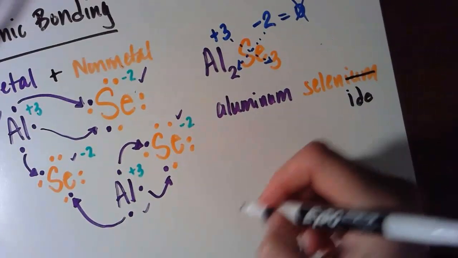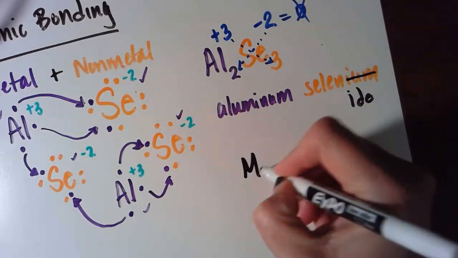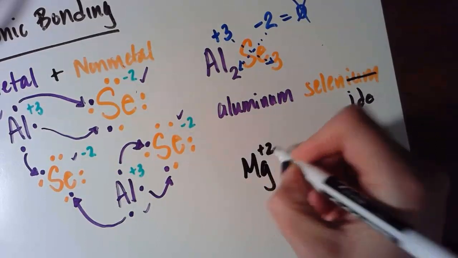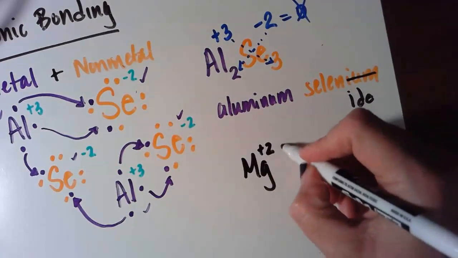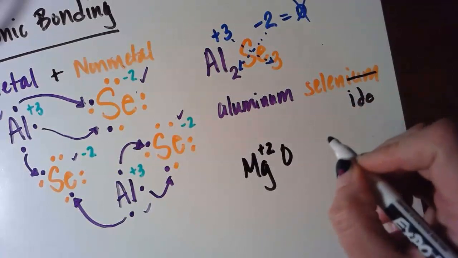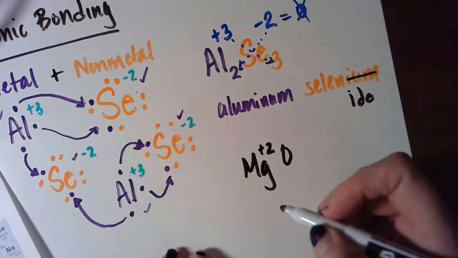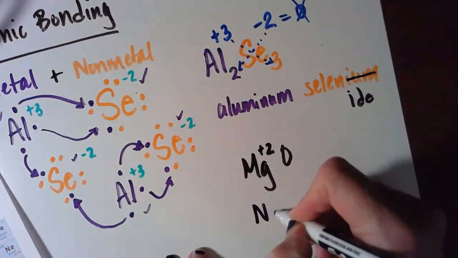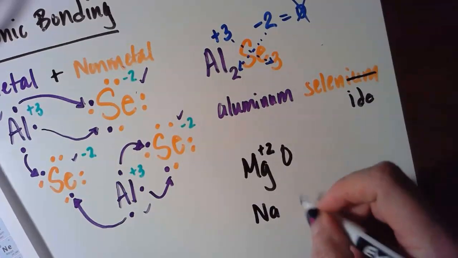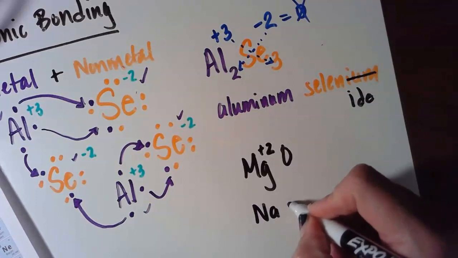Here's your first example. I have magnesium again with a plus 2 charge, and oxygen. Okay, I'll let you finish that one. And I'm going to give you sodium, and let's do arsenic.